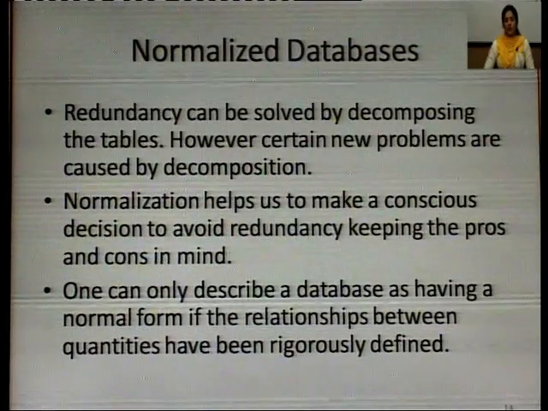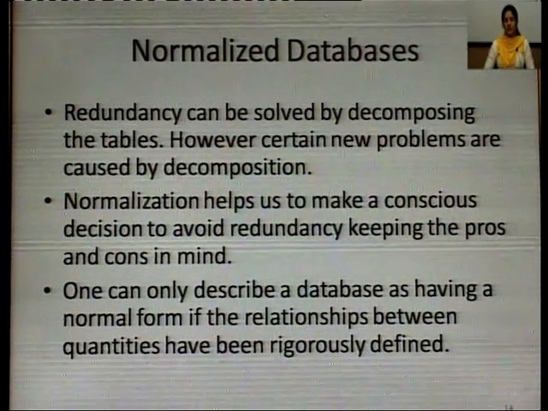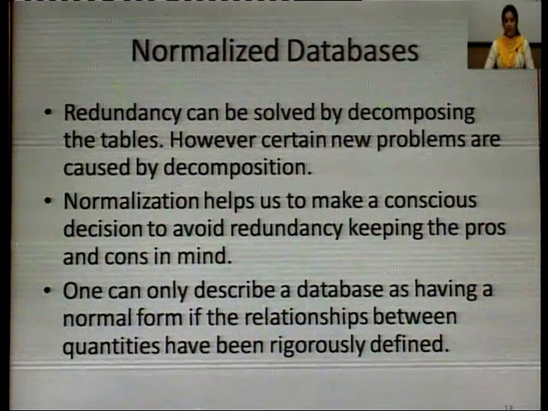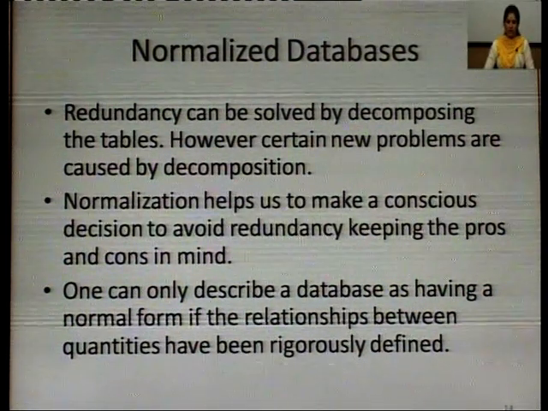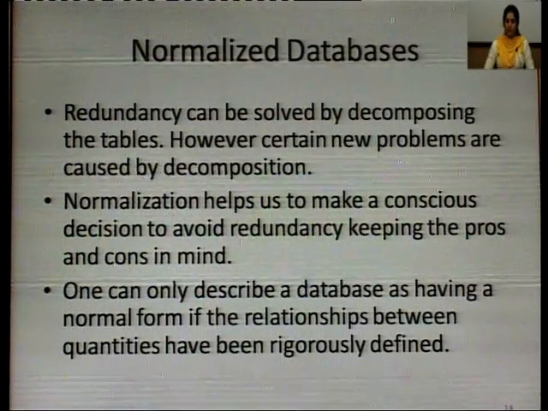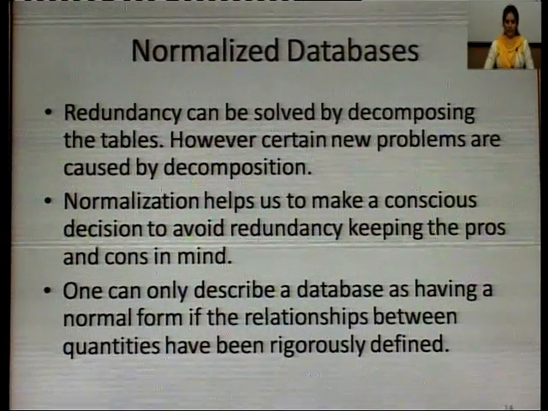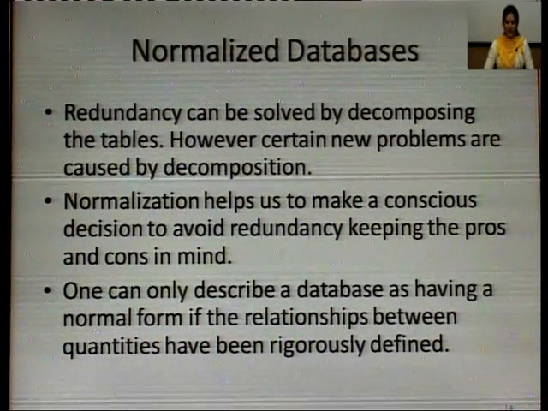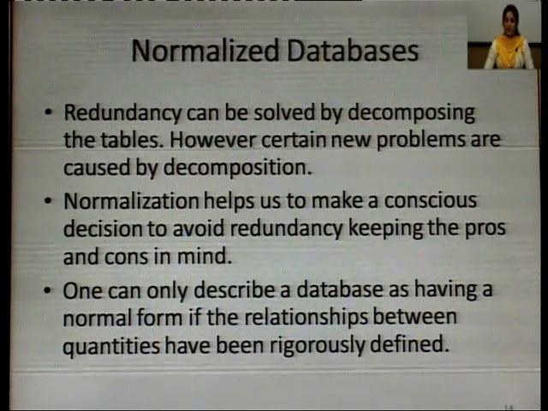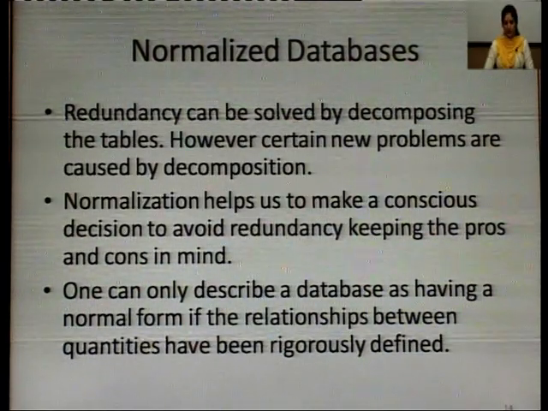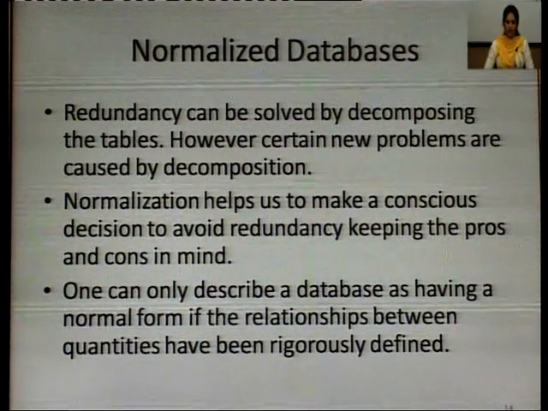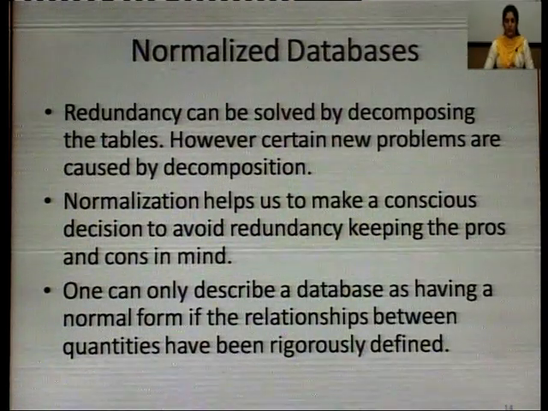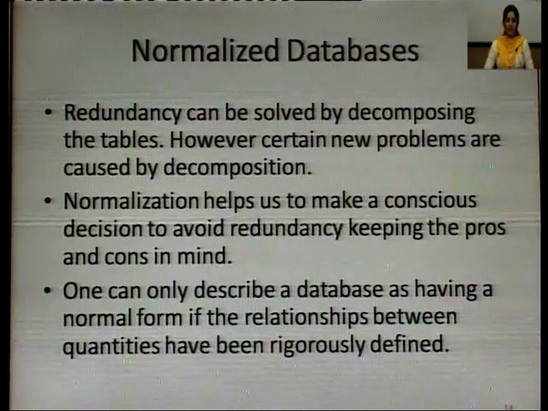Moreover, in normalized databases, redundancy can be solved by decomposing the tables. Redundancy refers to duplicacy of data. Whenever you are decomposing the tables, the duplicacy of the data can be eliminated to a great extent. However, certain new problems are caused by decomposition, because you will have to repeat some fields if you are decomposing one relation.